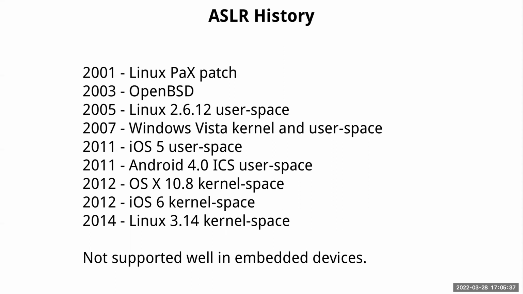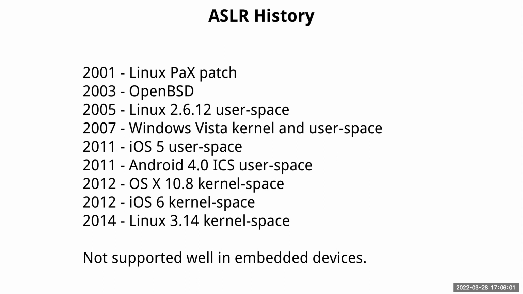The first mainstream operating system to support this feature was OpenBSD version 3.4 back in 2003. Also, Linux started to support this officially, not as a patch, back in 2005 in Linux 2.6.